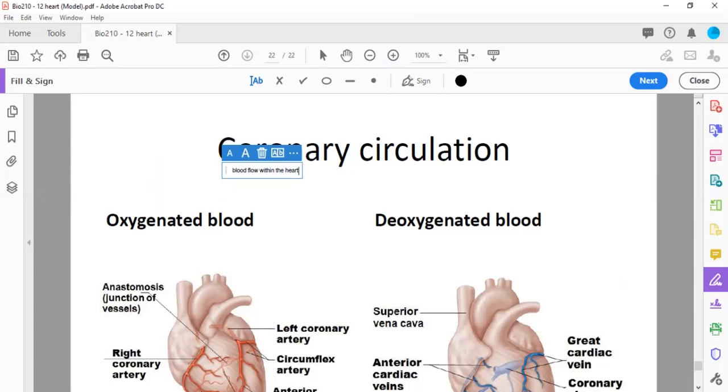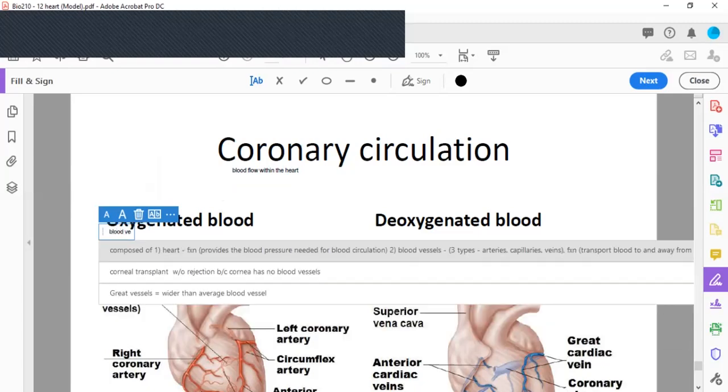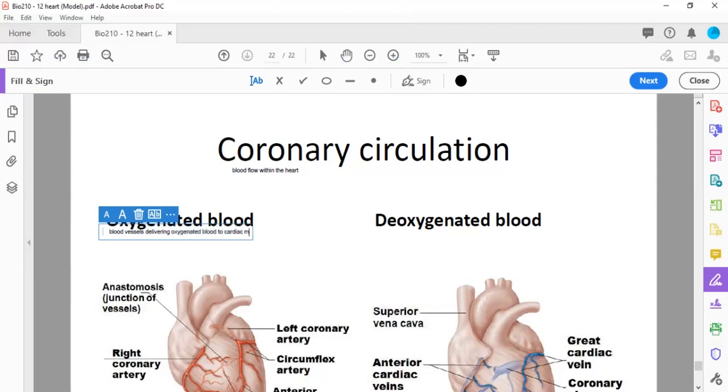So let's look at the word oxygenated blood. In this case, the blood vessels delivering oxygenated blood to the cardiac muscle.